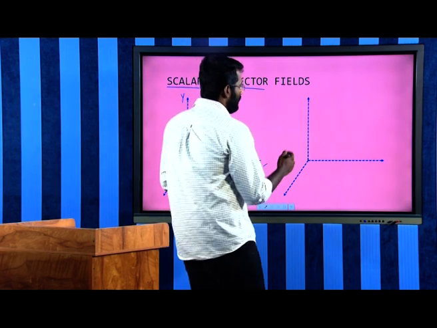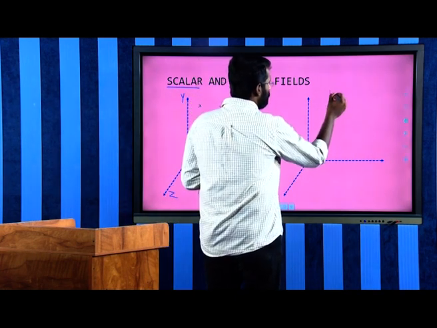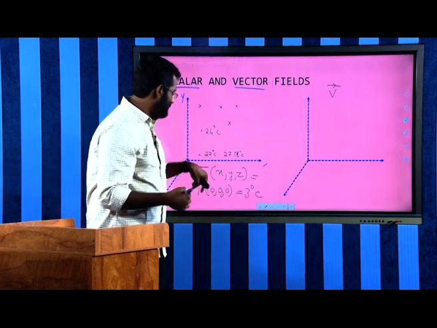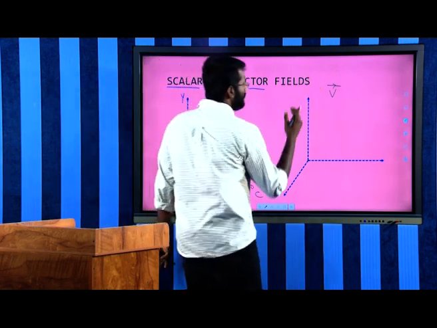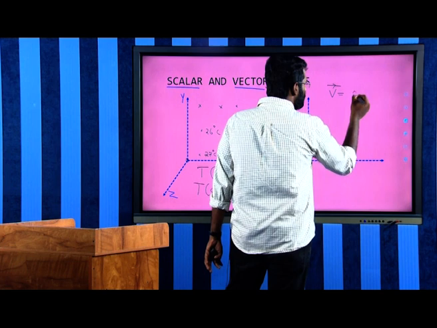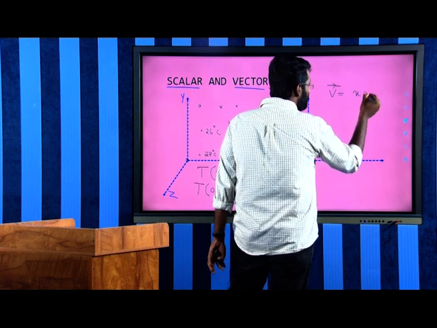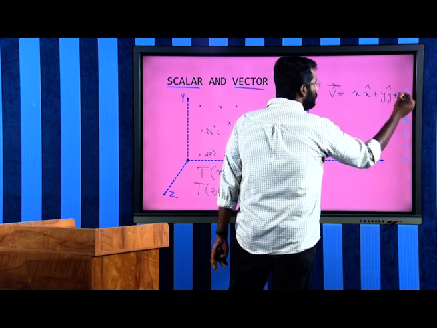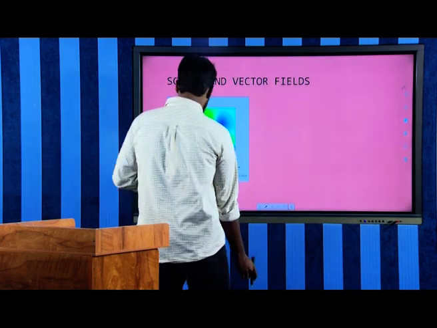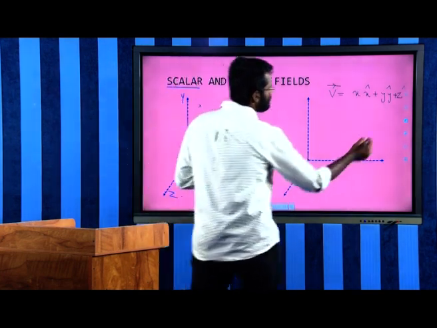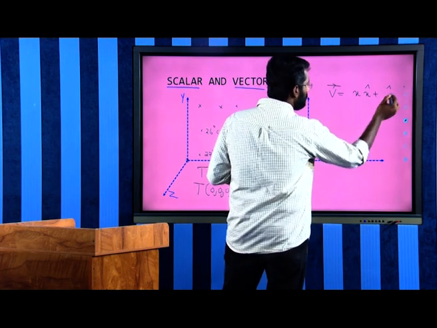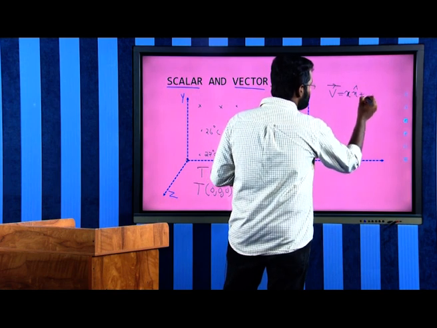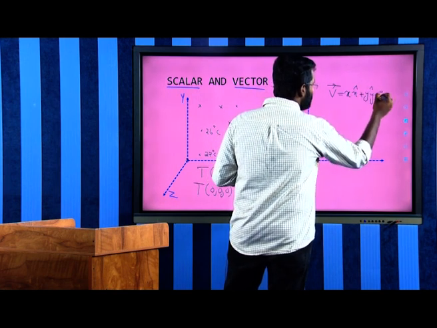For example, let V denote the vector function, and we call this T a scalar function. Let V be the vector function, and let its expression be x times x cap plus y times y cap plus z times z cap.